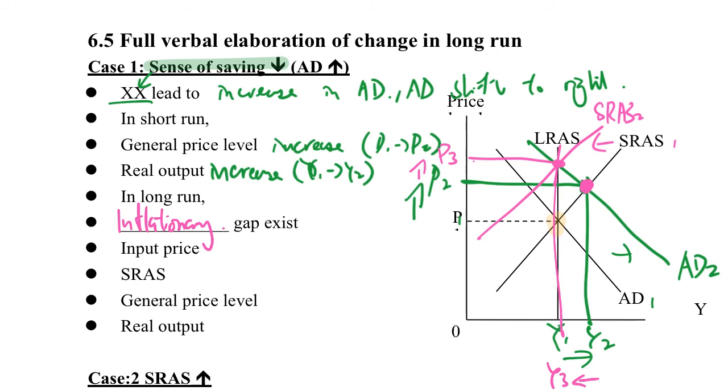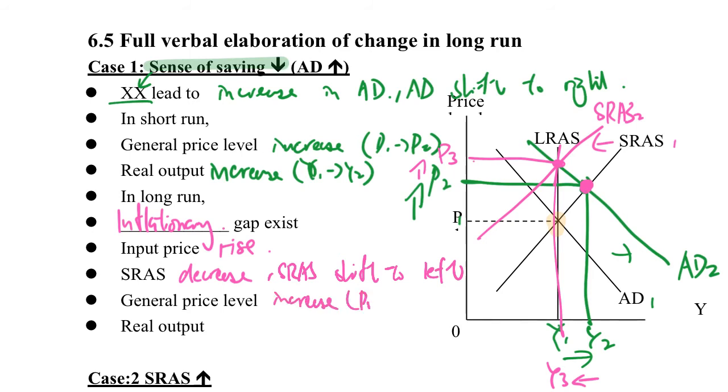Because it's inflationary, you just say that the input price rises, then SRAS decreases. Just according to the diagram, it decreases, so as it decreases, SRAS shifts left. Then the general price level increases, P2 to P3.